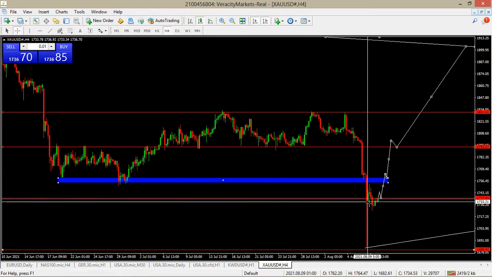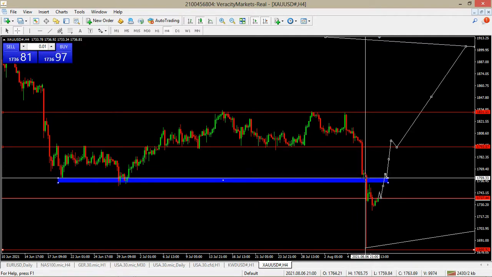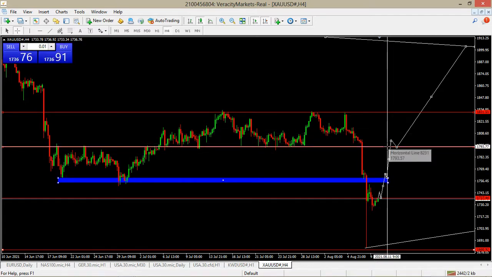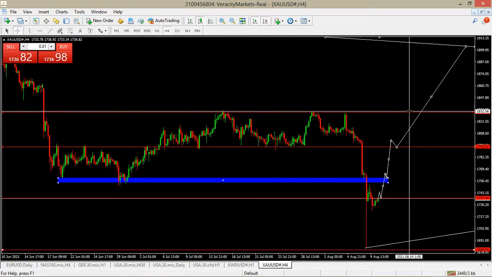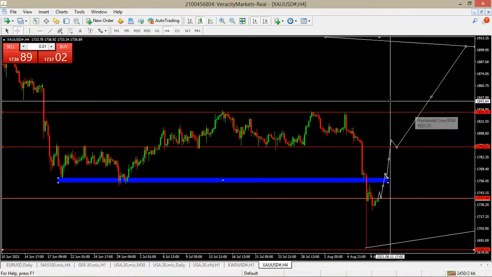You can buy it from there, or you can buy it at the next level, 1758 to 1759.94, once it retests that level. Also you can buy it at the level of 1793.37, and also once it breaks the 1831 level.